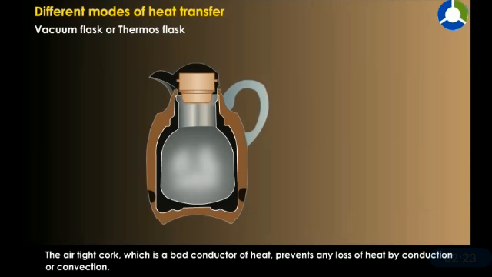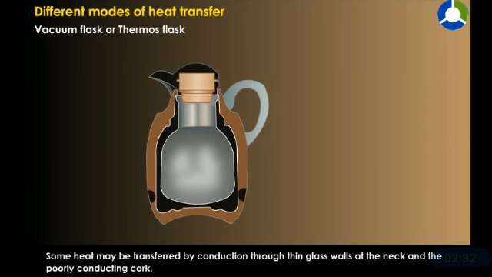The airtight cork, which is bad conductor of heat, prevents any loss of heat by conduction or convection. Some heat may be transferred by conduction through thin glass walls at the neck and the poorly conducting cork.